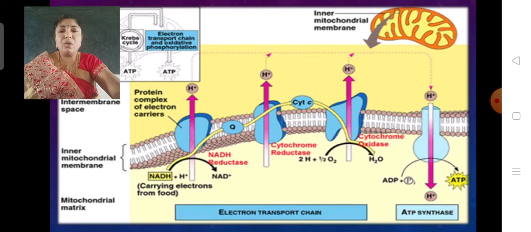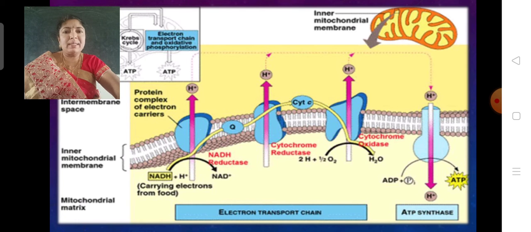It is the quinol cycle. Here the electrons from quinol reach the second complex, that is FMN. It is another prosthetic group, and the electrons from the FMN are transferred to the cytochrome complex. Here cytochrome reductase is the enzyme.